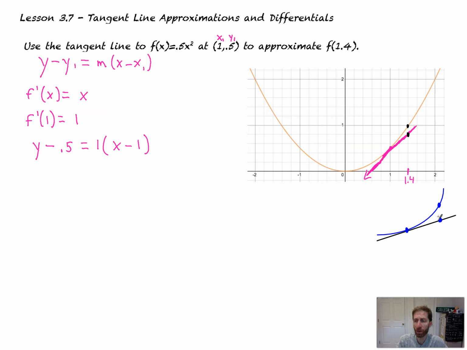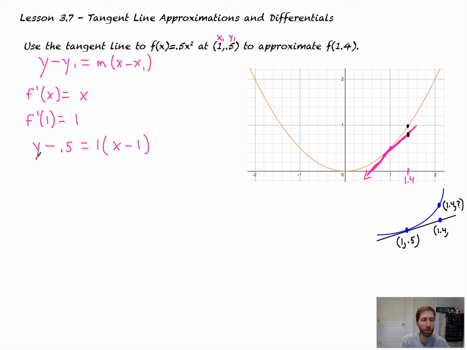And I drew that one a little bit closer here so you could see it. So this is the point 1 comma 0.5. This is the point 1.4 comma whatever we get when we plug 1.4 into the tangent line. It's going to accomplish an estimate of this 1.4 comma whatever that value is. Okay, so how do we go about doing this? It's actually very simple.